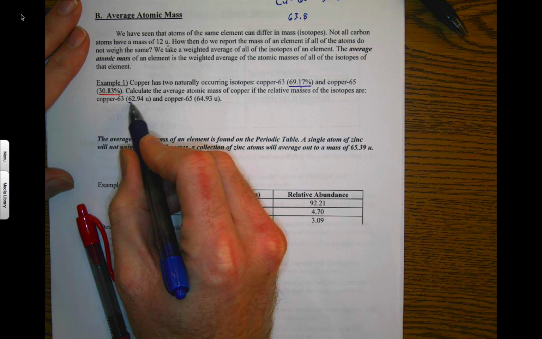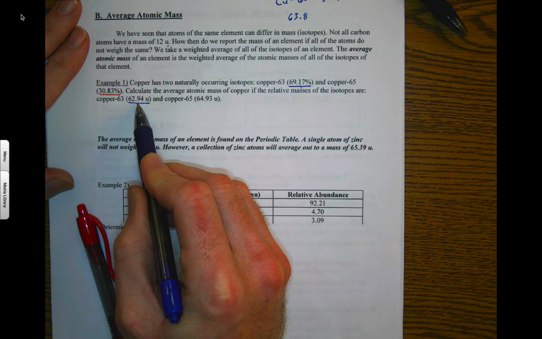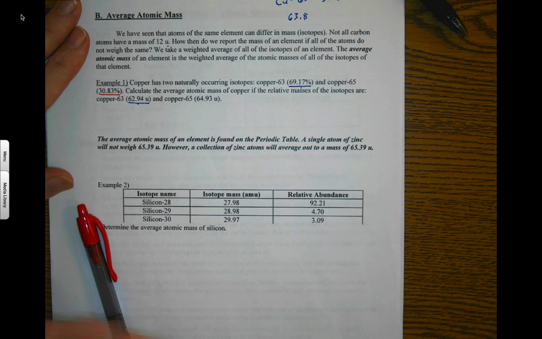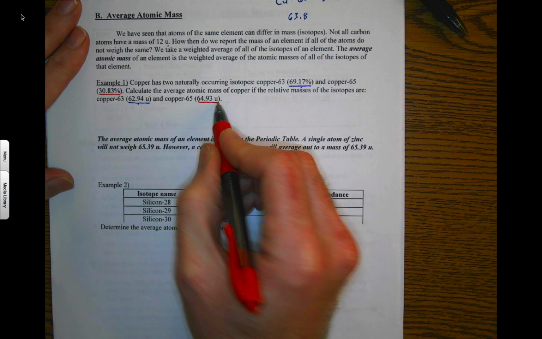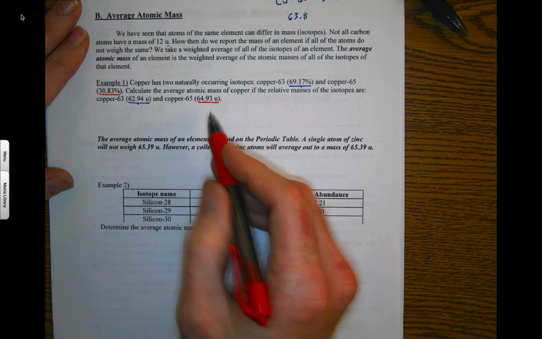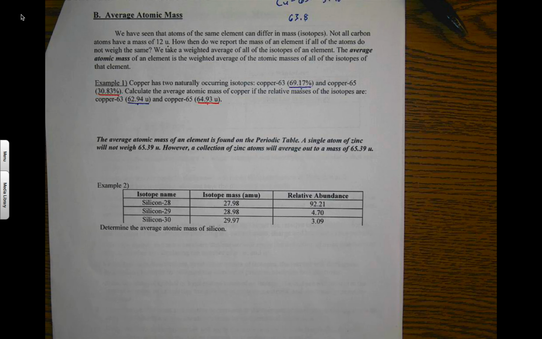And it has a mass of this, remember, relative to carbon 12. And then copper 65 has a relative mass of this, based off of that carbon 12.